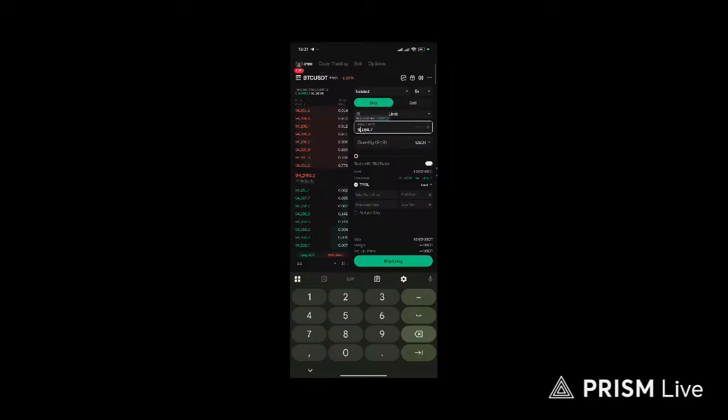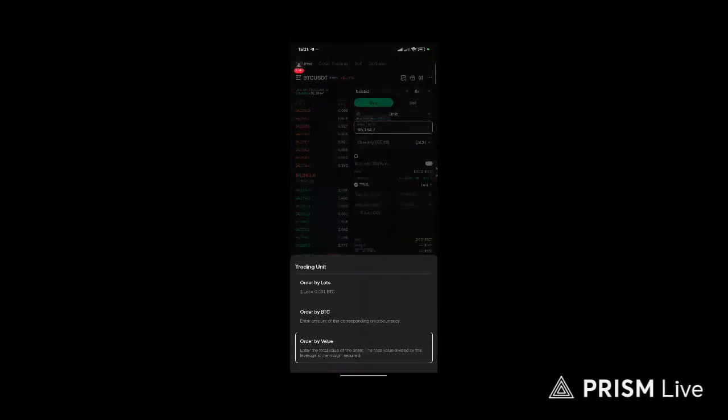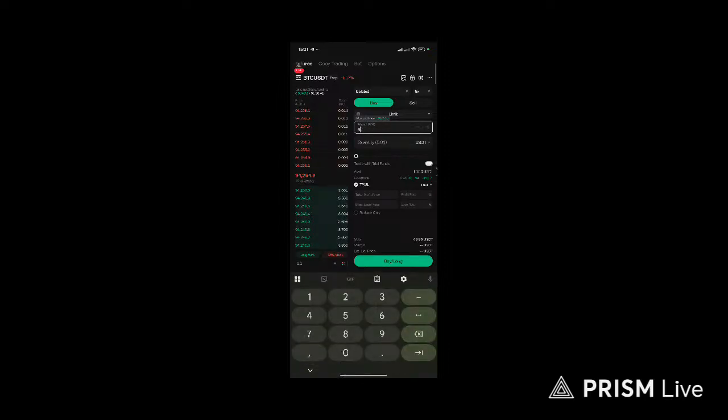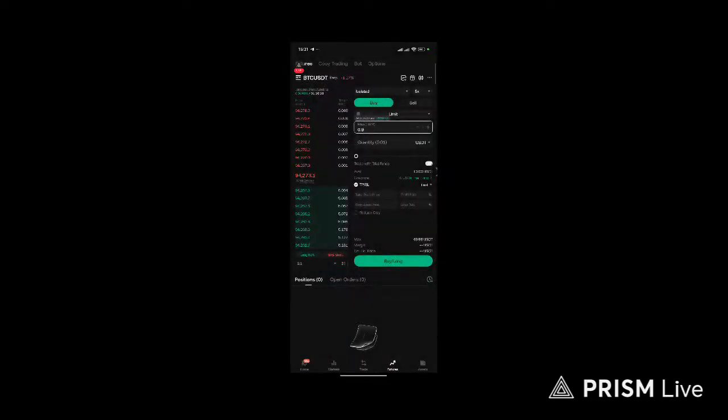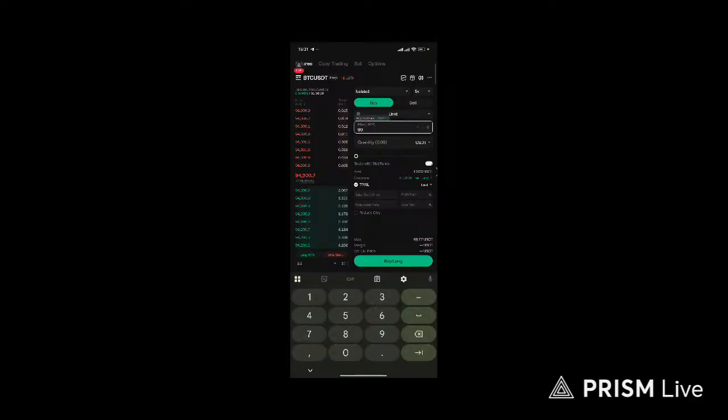It's a buy limit. Once it is 95,000, you enter the amount you want to trade.